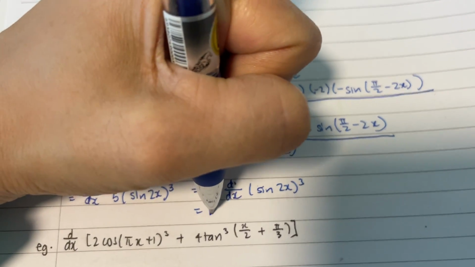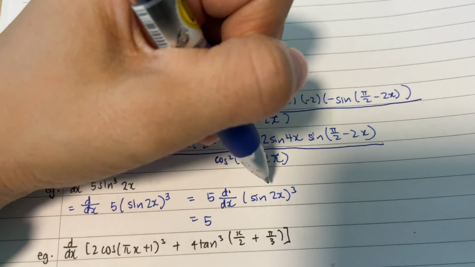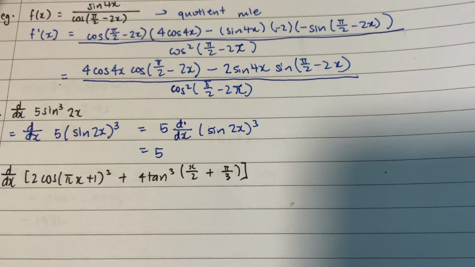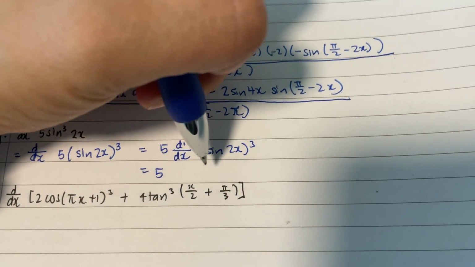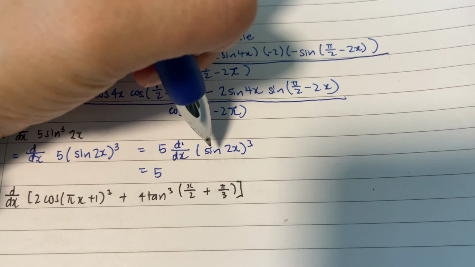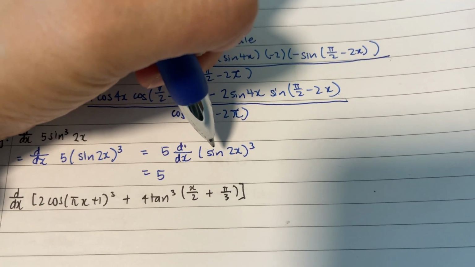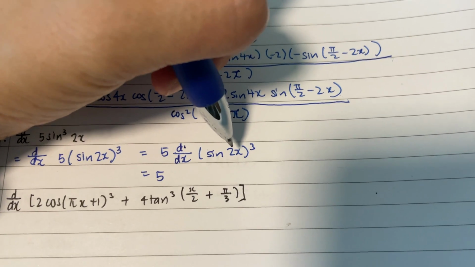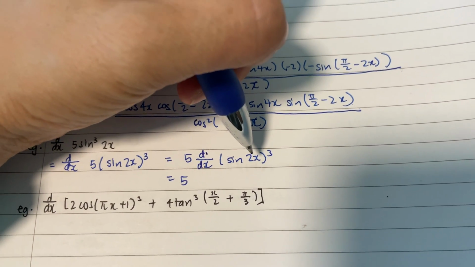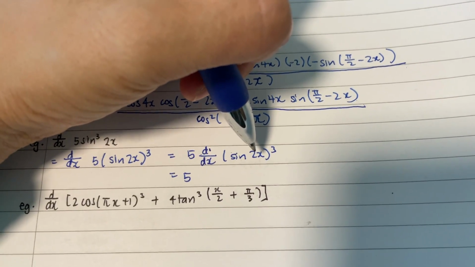So when we differentiate this portion here, we leave the 5 as it is first, and we differentiate this using our chain rule. So if this is one single letter x cubed, it will be 3x squared, right? But because there is a coefficient of x, we have to move on to differentiate the 2x in there.